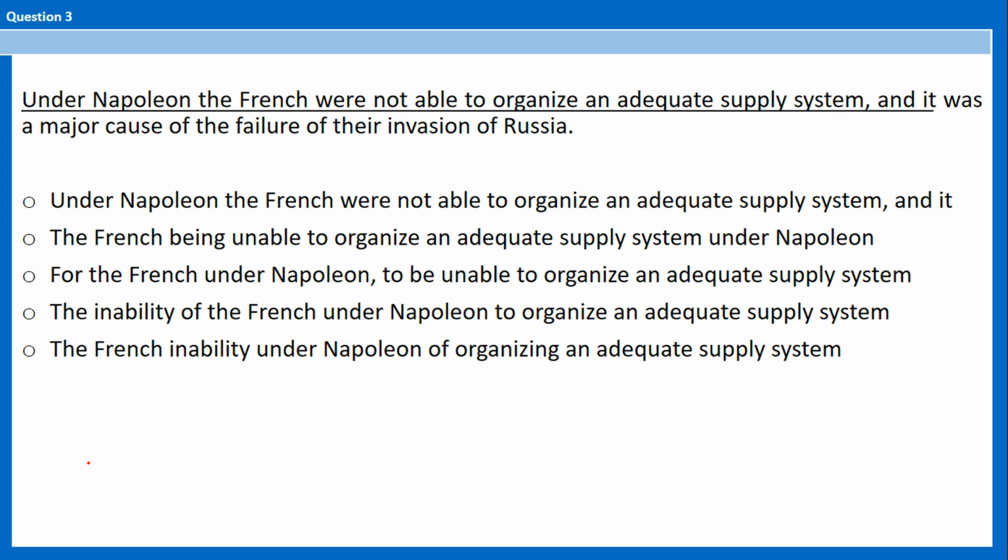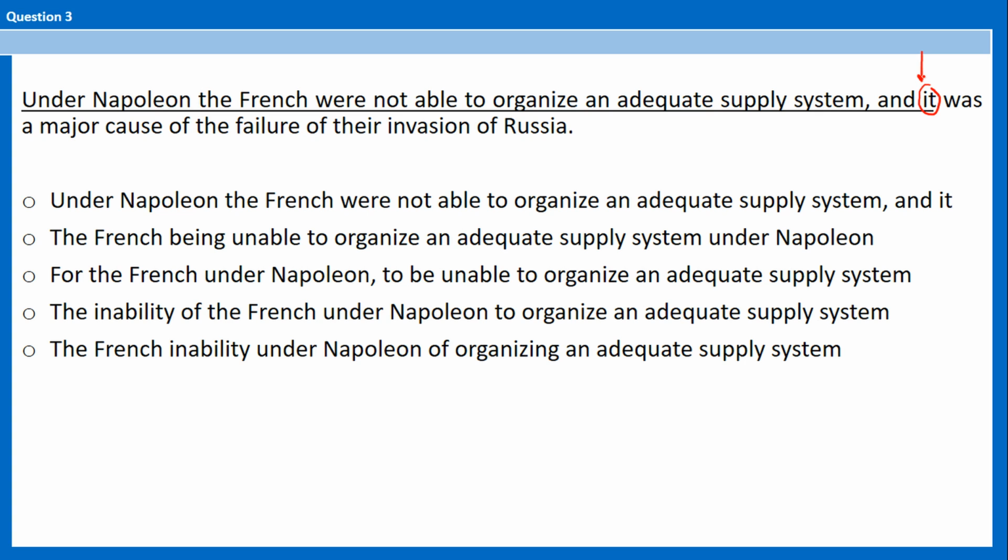Number 3. Under Napoleon, the French were not able to organize an adequate supply system. Okay? And it was a major cause of the failure of their invasion of Russia. What is it? Remember that in the GMAT, a pronoun such as it, they, cannot replace an entire clause or a situation.